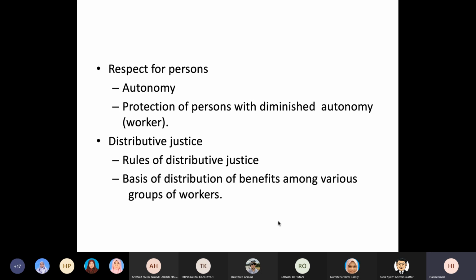So that's when these conflicting elements come in. Either you need to respect that particular person's autonomy, or you want to protect the employees with diminished autonomy. Diminished autonomy meaning they don't really have much to say, right, as workers in the organizations?